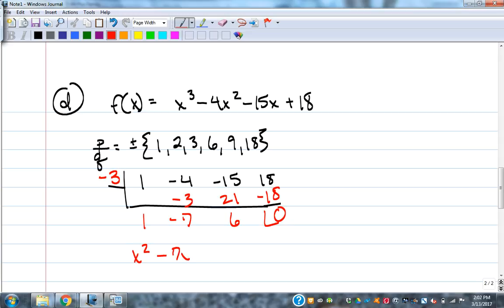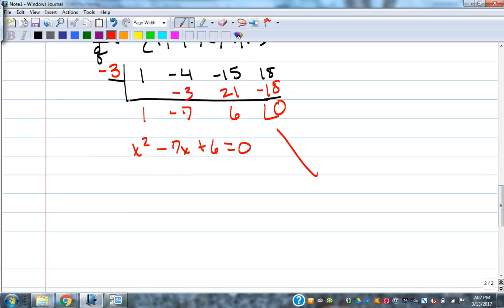X squared minus 7x plus 6 equals 0. I'm going to try factoring first because I happen to know it works. This is -6, -1, add to be -7, and multiply to be +6. So x minus 6, x minus 1.